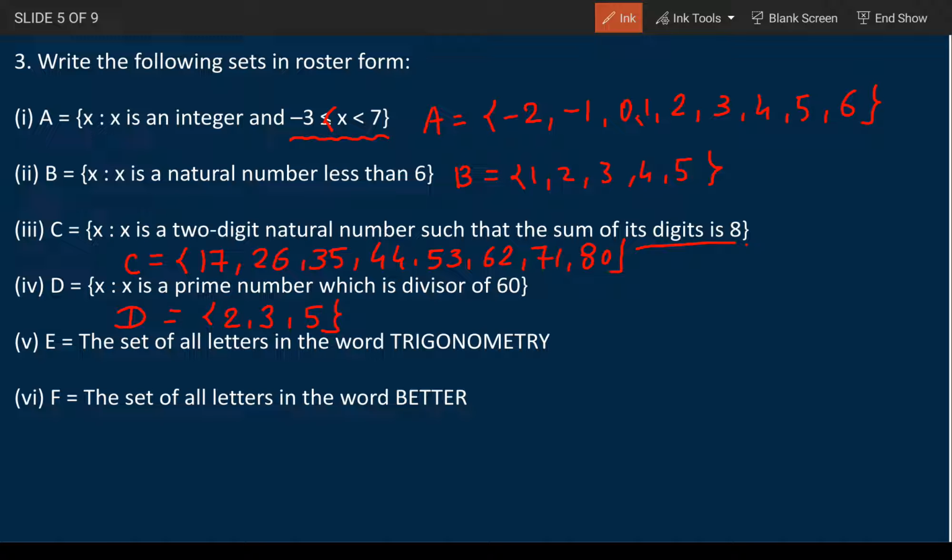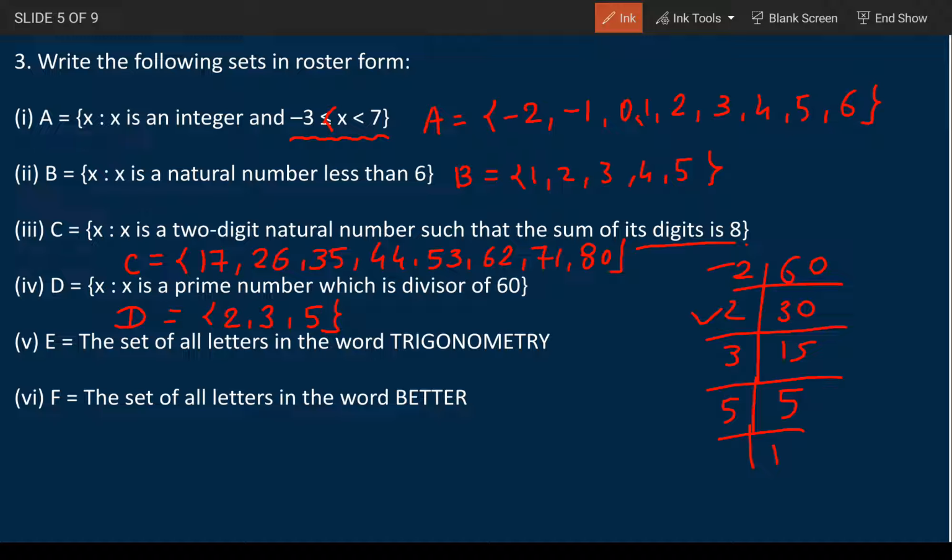If we divide in this way: 60 divided by 2 is 30, by 2 is 15, by 3 is 5, by 5 is 1. 2 is repeating, so we don't consider it again, we only write it one time. So 2, 3 and 5 is our answer.